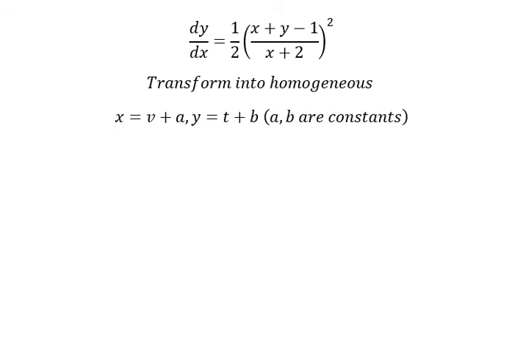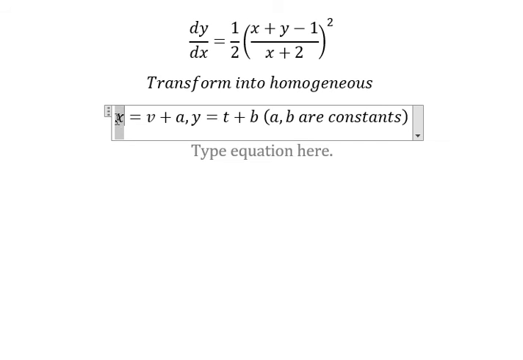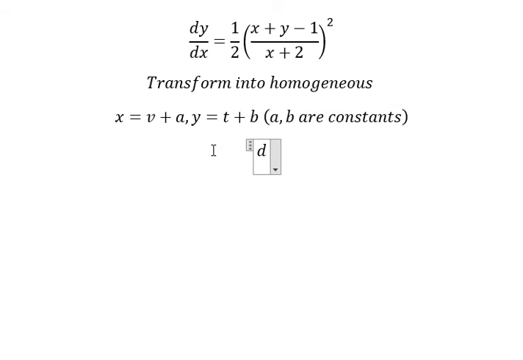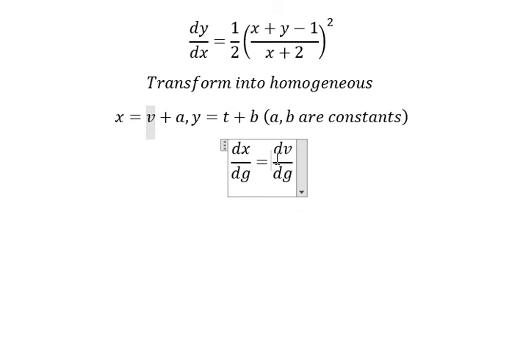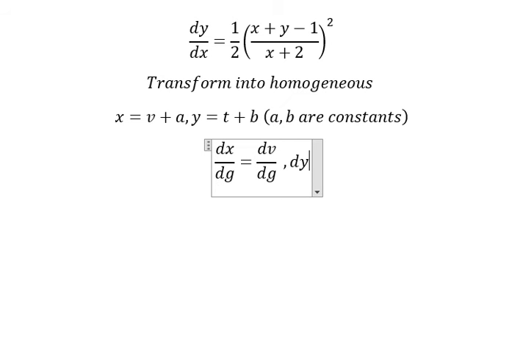So the next one, if we do the first derivative of x, we get dx over dt equals dv over dt, because this one is a constant, so you get 0. This one we have number 1, so that's why we have dv over dt. Now similar for the second one.